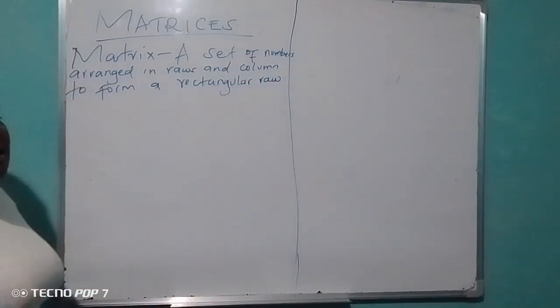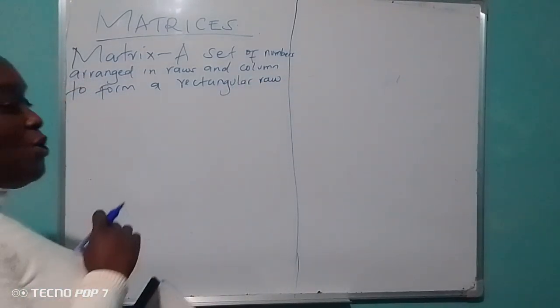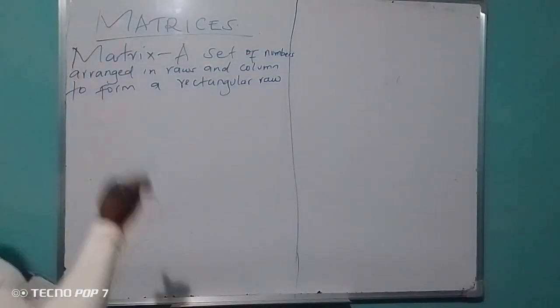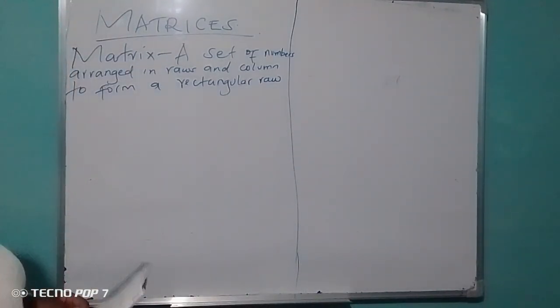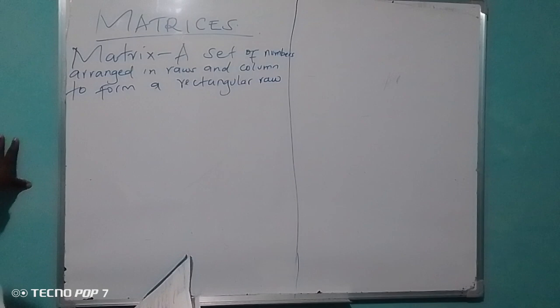So it's a set of numbers arranged in rows and columns to form a rectangular array.